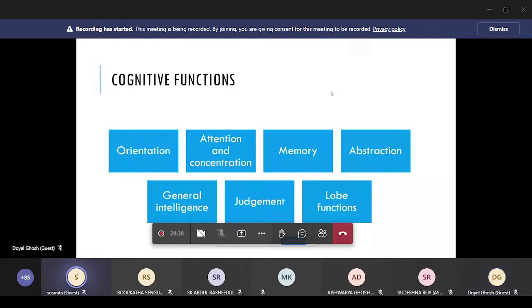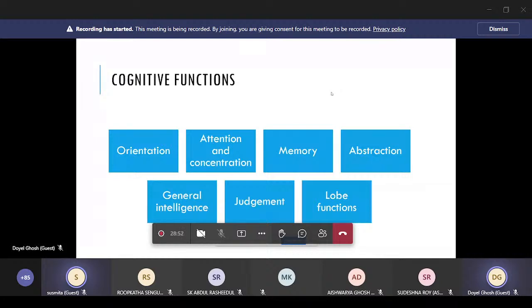Coming to cognitive functions, first comes orientation. So we can see there are many: orientation, attention, concentration, memory, abstraction, general intelligence, judgment, and lobe functions. In orientation, we see if the person is oriented to time, place, and person.